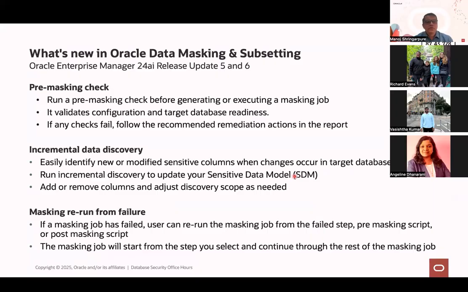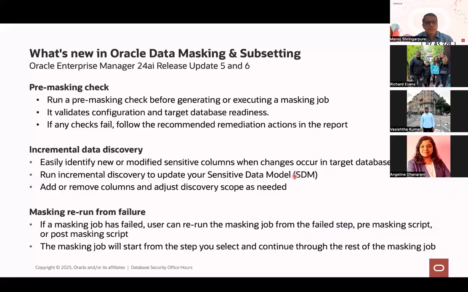Another new and important thing: if you have a very large schema and you've discovered hundreds of tables and columns, and now the schema changed, you want to find only that delta.